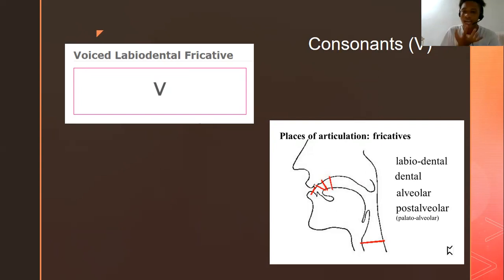Its phonation is voiced, which means the vocal cords vibrate during the articulation. You have to vibrate your cords during the articulation.